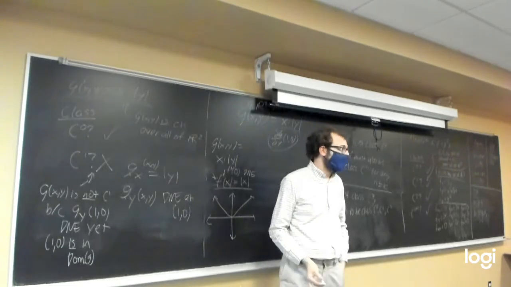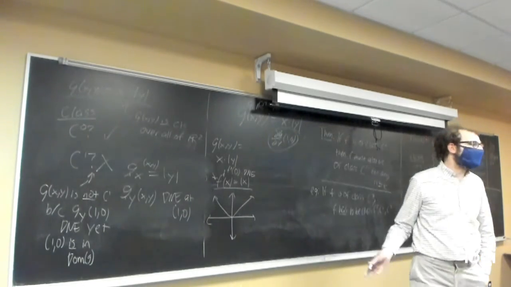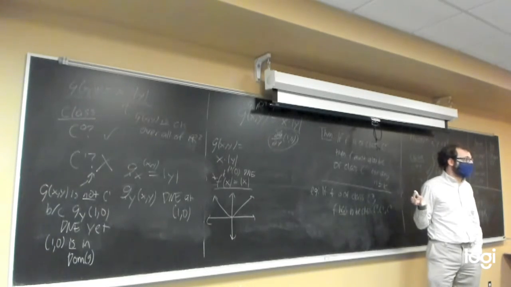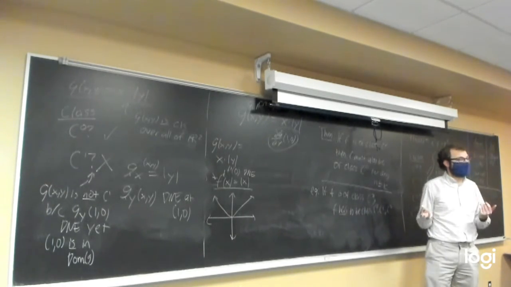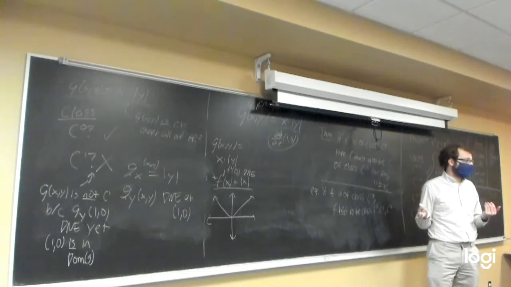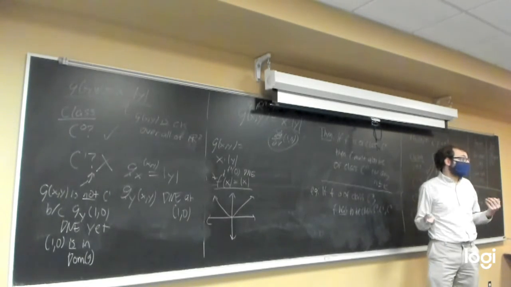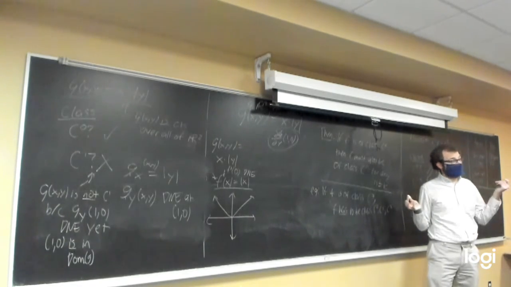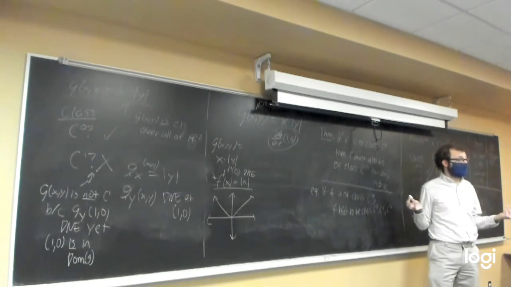And by the way, this is basically a generalization of the Calc 1 theorem that says if you have a differentiable function, it also has to be continuous. For a Calc 1 function, that's the same as saying if f is C1, then it also has to be C0. If it's differentiable, then it has to be continuous.